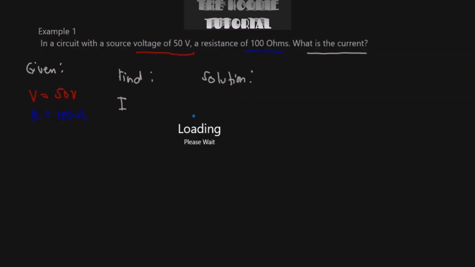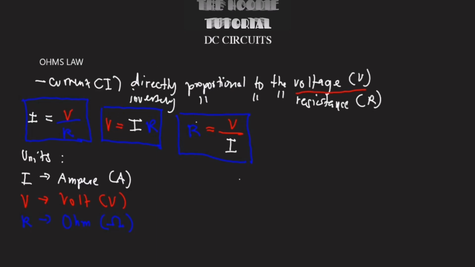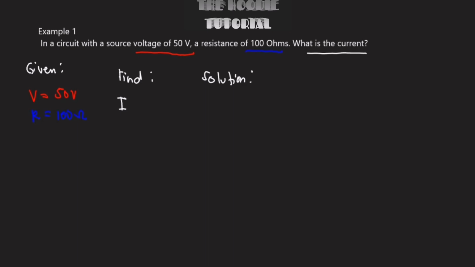So let's put it into the solution. From these three equations, we can use this one because this is in terms of I. That means that the current is equal to the voltage of the circuit divided by the resistance.